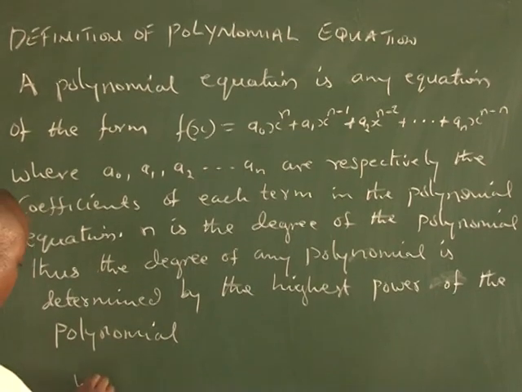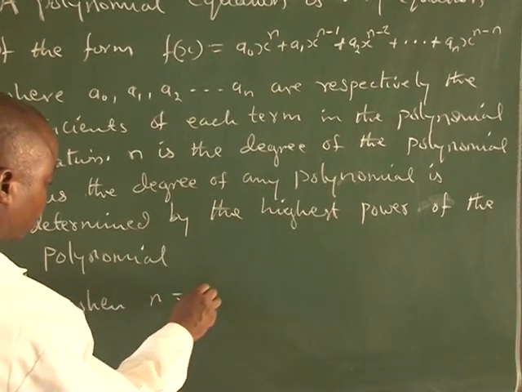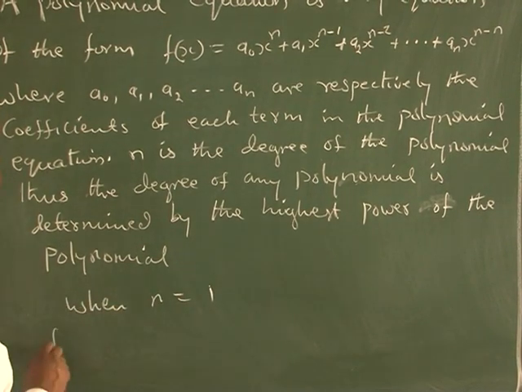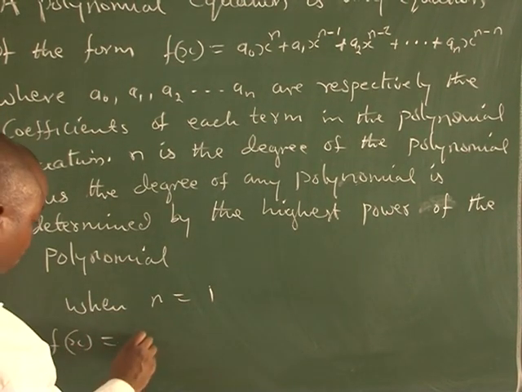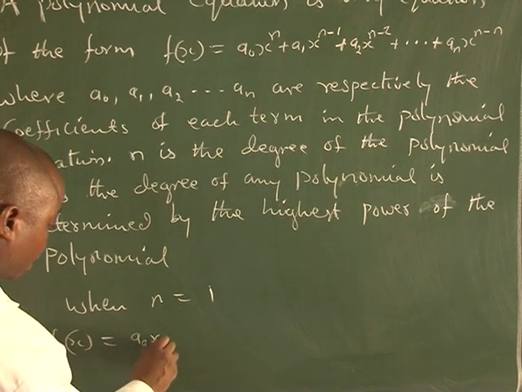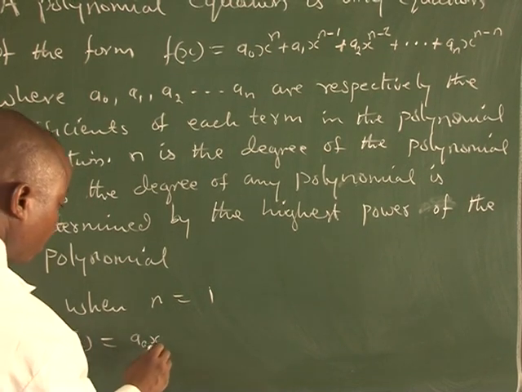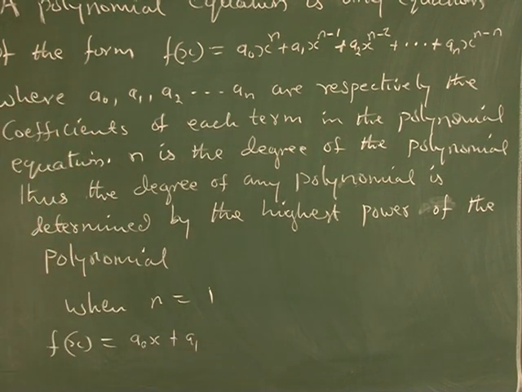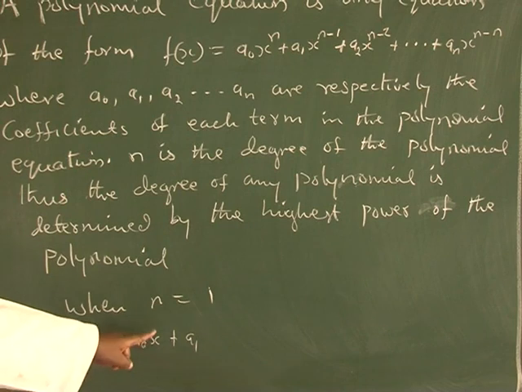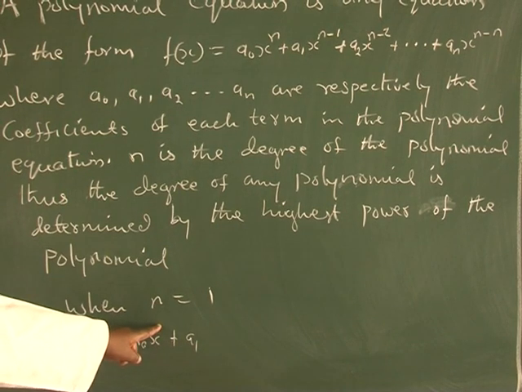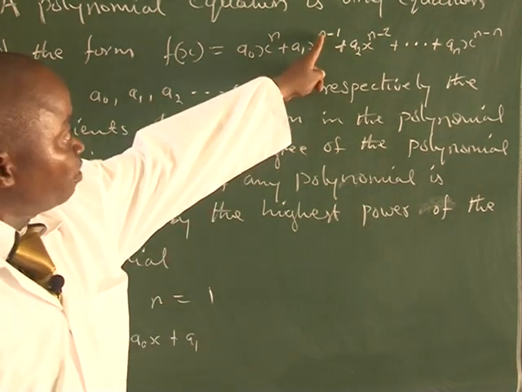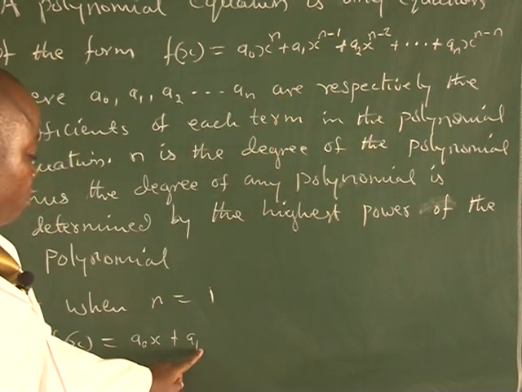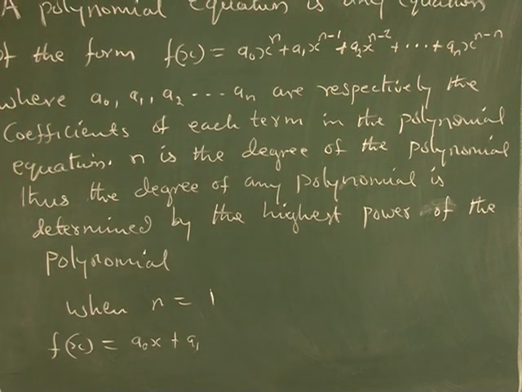Now, when n equals 1, we'll have f of x equals a subscript 0 x plus a subscript 1. Here we'll have 1, then here we'll have 1 minus 1, which is 0. Anything raised to 0 is 1. So that's why we'll have it in this form.